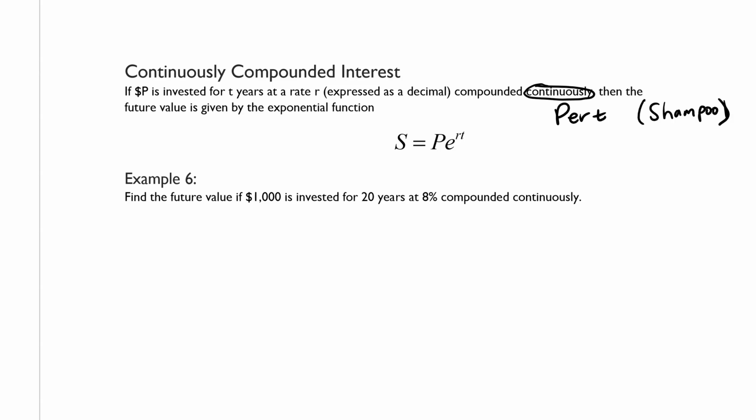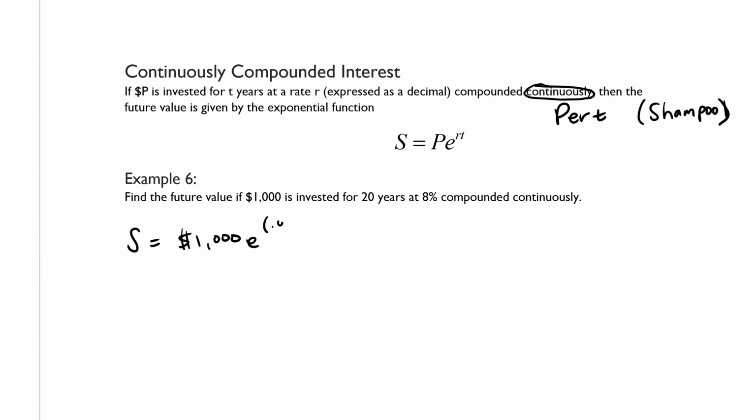Okay, example 6 says, find the future value if $1,000 is invested for 20 years at 8% compounded continuously. So S equals our initial value, $1,000, times E. Remember, E is that constant that is approximately 2.71.